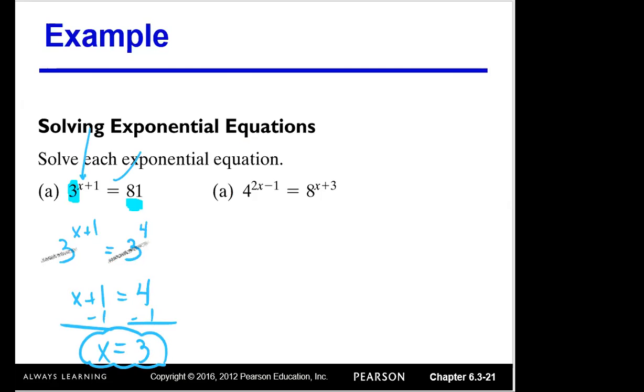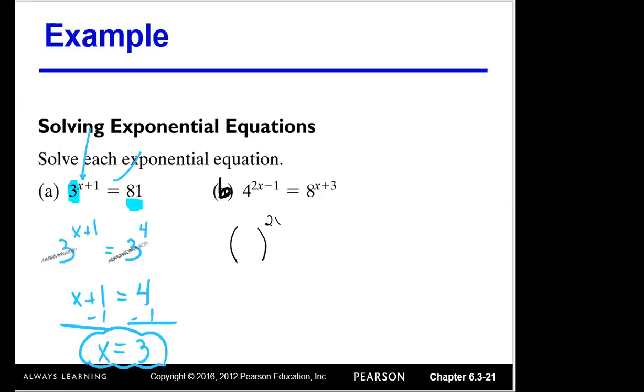Now, on that problem, I only had to mess with one side of the equation. But on the next one, which is part A again, okay, that looks like a major typo. This should be part B, I think. Hello. This time I have a 4 and an 8.